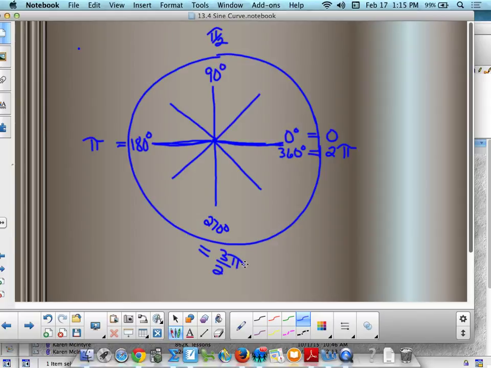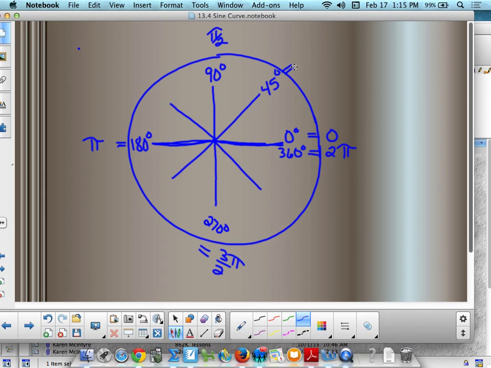Okay, we got the easy ones down. These are called the quadrantals, by the way, the ones that lie right on the x-axis and the y-axis. Okay, let's do the 45s. Now remember, you guys should be writing kind of small here to fit all this in, because we got a lot more to do. So if I say 45, if I add another 45, I'm at 90.